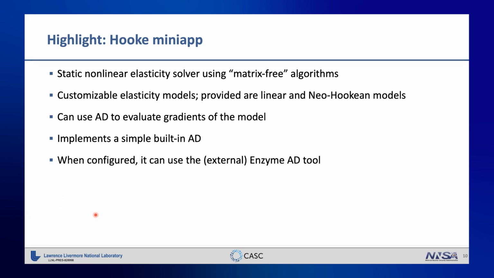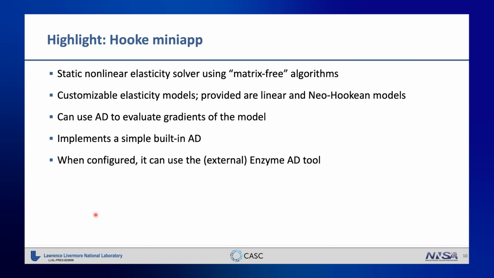So this is customizable. It has customizable elasticity models, with linear elasticity and neo-Hookean elasticity provided as examples. And it can use AD to evaluate the gradients of the model.